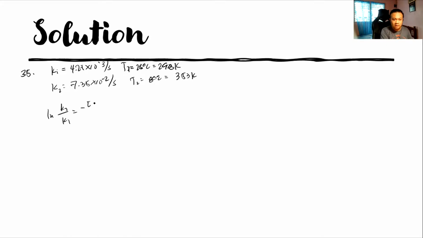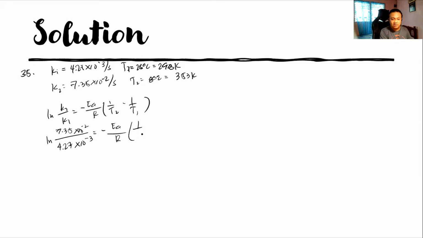You get negative EA over R times 1 over T2 minus 1 over T1. Okay, so substitute 7.35 times 10 to the negative 2 over 4.27 times 10 to the negative 3. Ayon, EA, just leave it blank. That is the required.